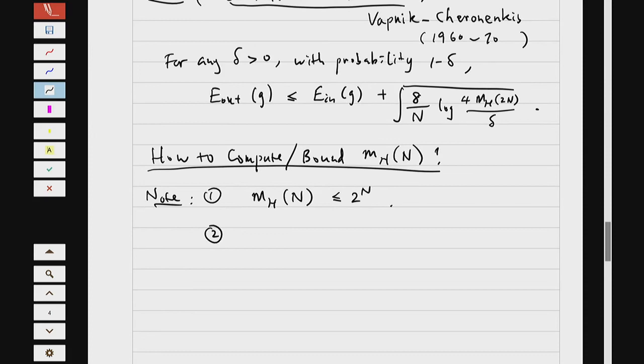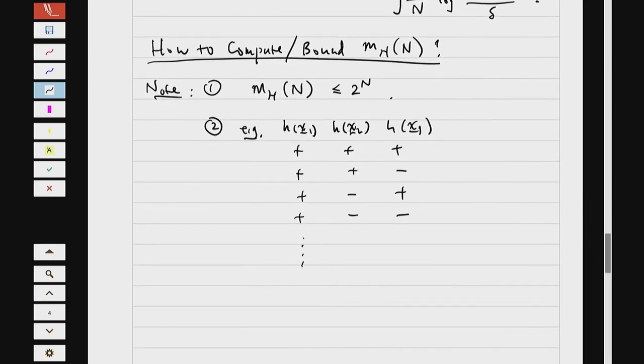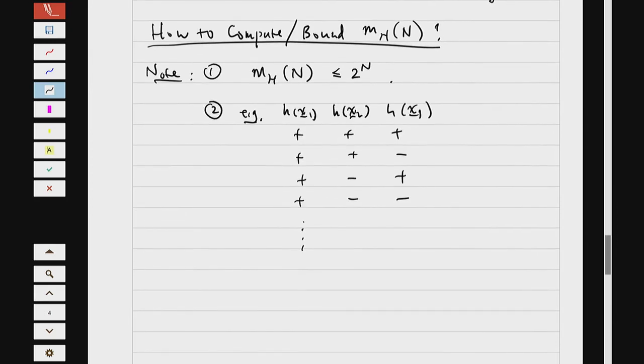Let's suppose we look at the case of 3 data points. Let's first look at an example. What we have before: h(x1), h(x2), h(x3), and plus plus plus, plus plus minus, plus minus plus, minus minus like that, and then you have the minus on the other side like that.